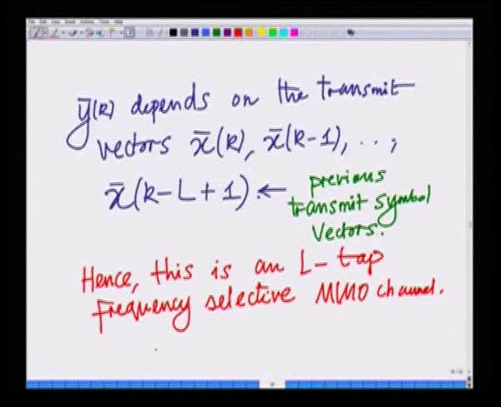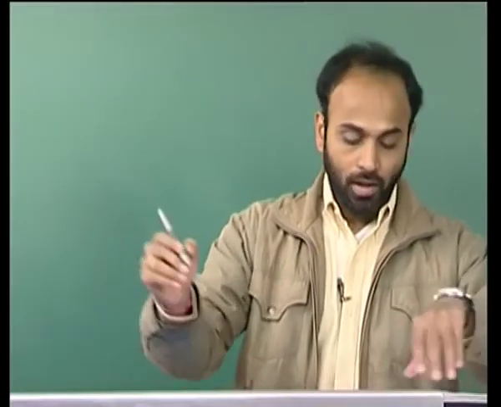Hence, this is the model of an L-tap frequency selective MIMO channel. Hence, there is ISI between the current and previous transmit symbol vectors, not the symbols, but between the vectors.